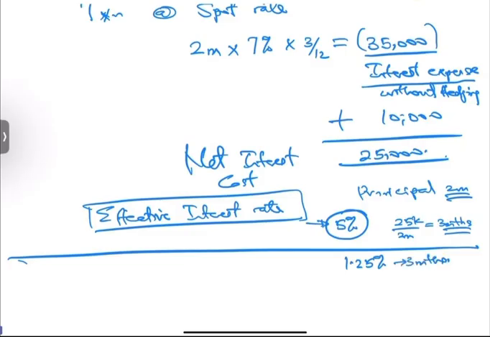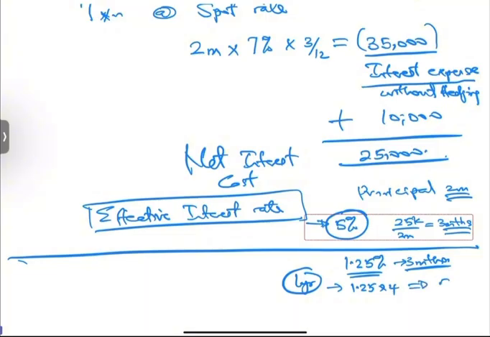But your effective interest rate is always for 1 year. So if it's this for 3 months, then for 1 year, that would be 1.25 times 4. That would be 5%. You can use any method you feel comfortable with. It's just mathematics, just applying yourself to that.